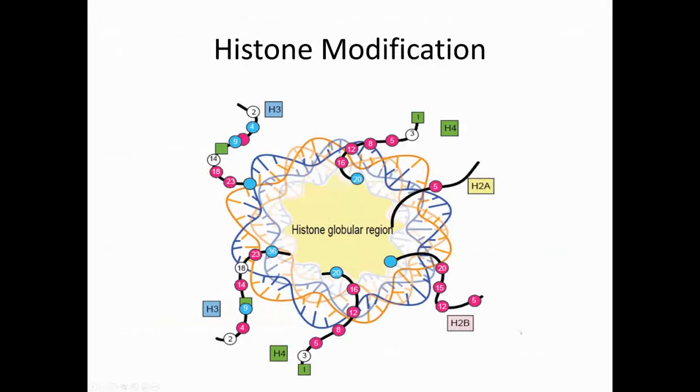And the other epigenetic mechanism is histone modification. As I mentioned earlier, the histone tail is positively charged and DNA is negatively charged, so they interact with each other. In order to make the DNA flexible, you have to neutralize the histone tail.